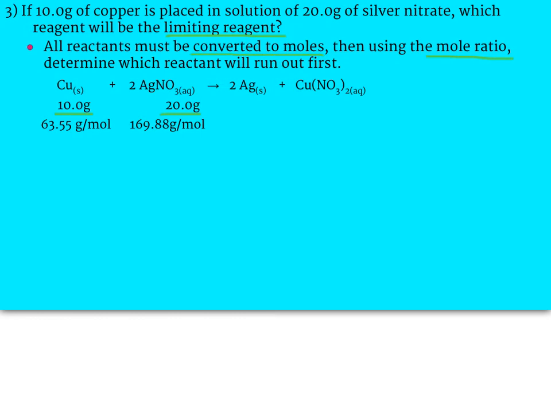I'm going to start with copper. So here I have my 10 grams of copper divided by 63.55, and I can figure out how many moles of copper I have. I'm going to write it down so I can do my have and my need columns. Now I'm going to do my silver nitrate.